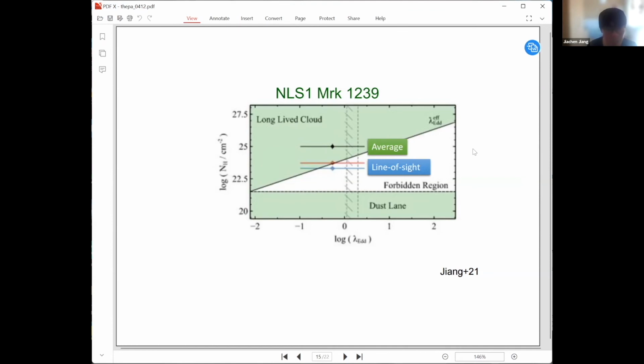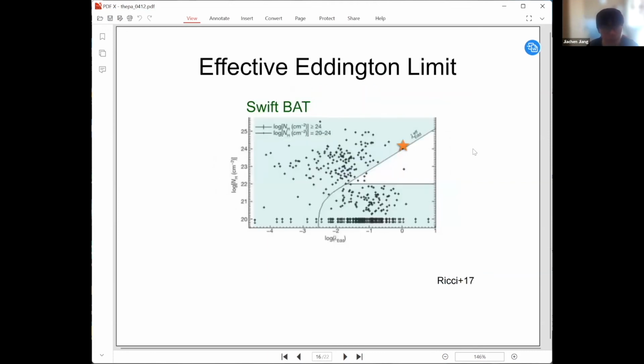If you trust them, the line-of-sight column density is definitely below the effective Eddington limit curve. I must admit that the average column density of the torus is very, very model dependent. The line-of-sight column density is, however, less dependent on the choice of the model. I just want to put it in context and show you where Mrk 1239 is. It's basically the area almost no one else touches.